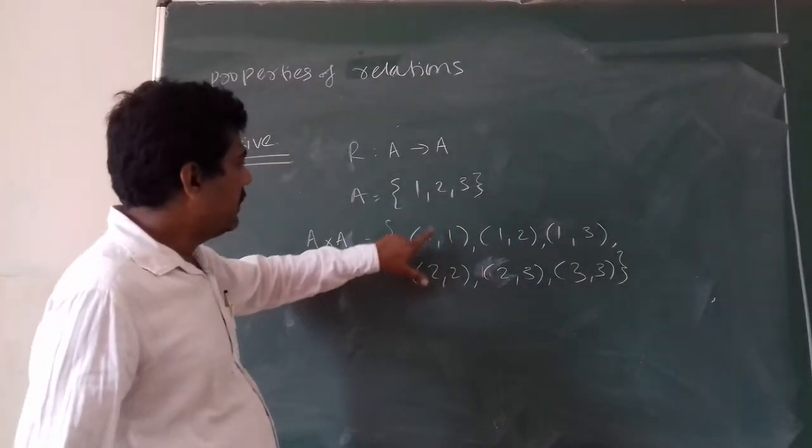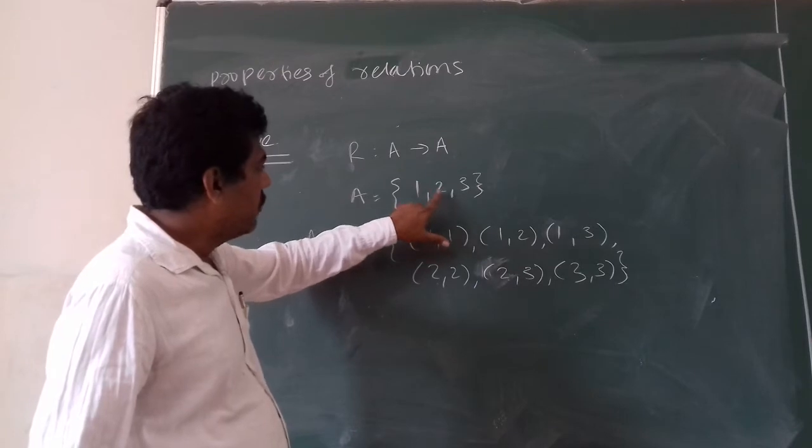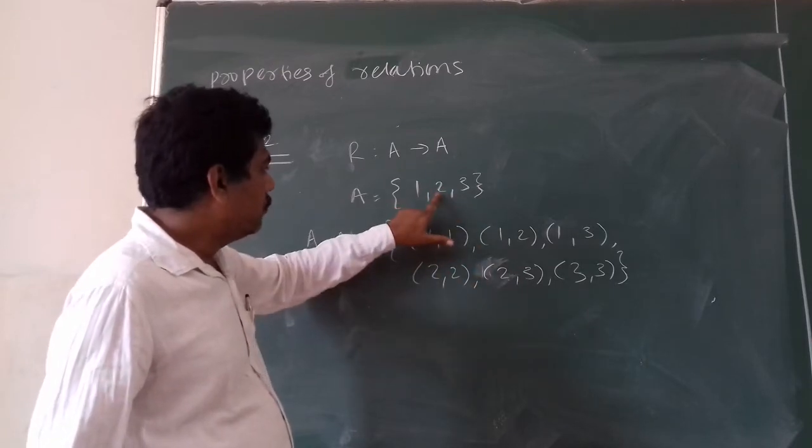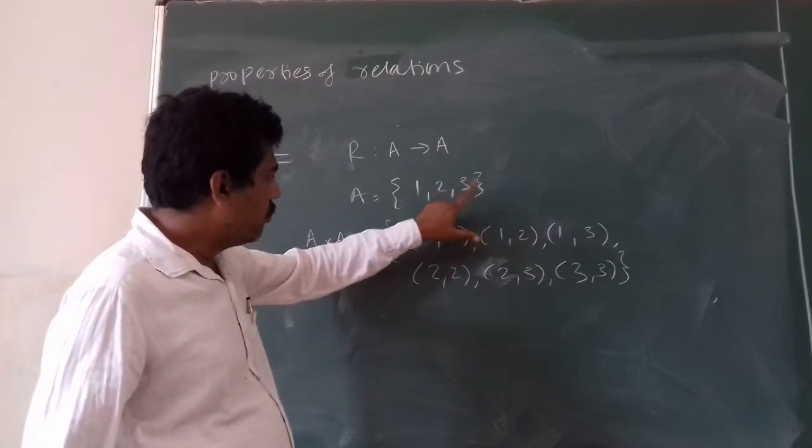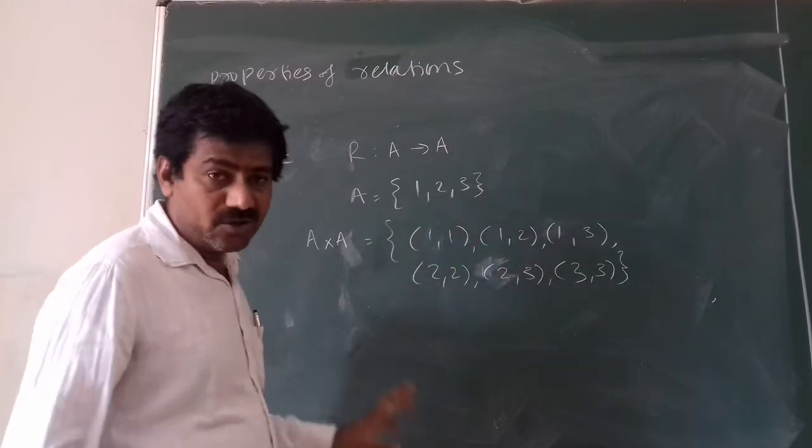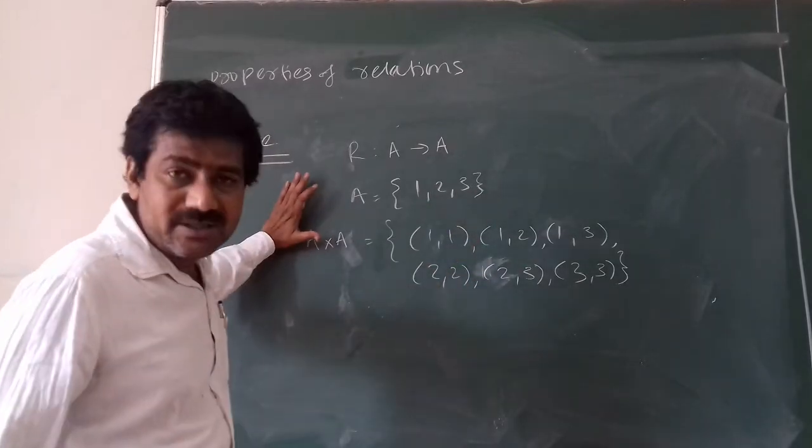So the first element is related with 1 comma 2, 1 comma 3, then 2 comma 2 and 2 comma 3, 3 comma 3. So this is the cross product with respect to the same set.